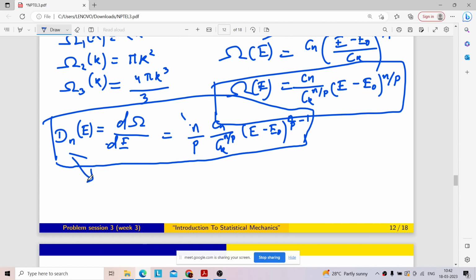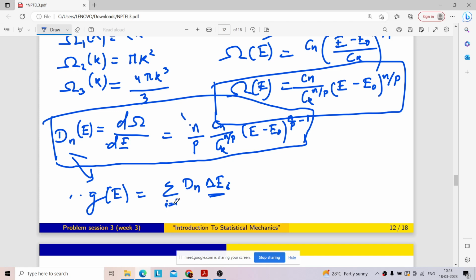This is the density of states. Now we want to calculate the total number density for energy E. I will denote this G, as previously I denoted degeneracy as G. So this G of E I can write as a summation over i of dn multiplied with some energy, for this energy state.